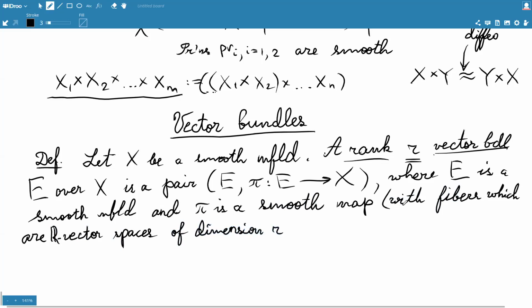And the structure of the vector space on the fiber is given by the following.